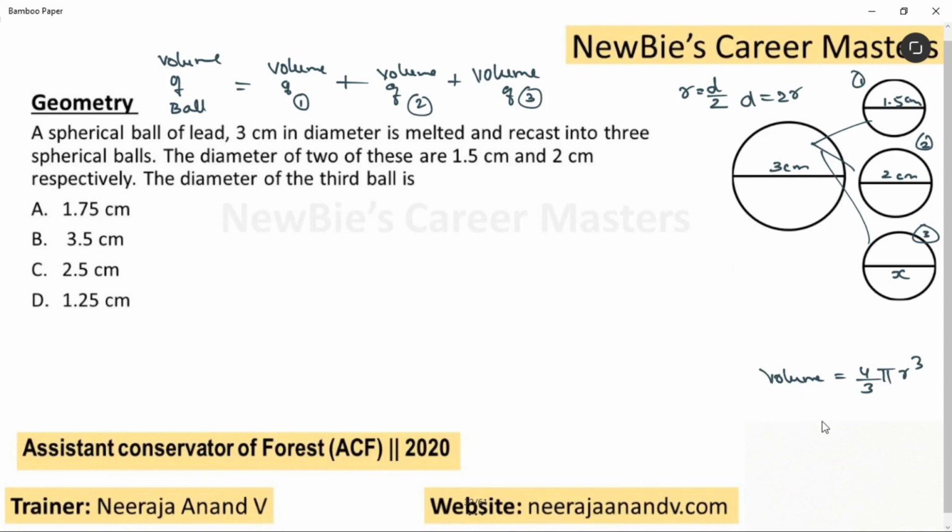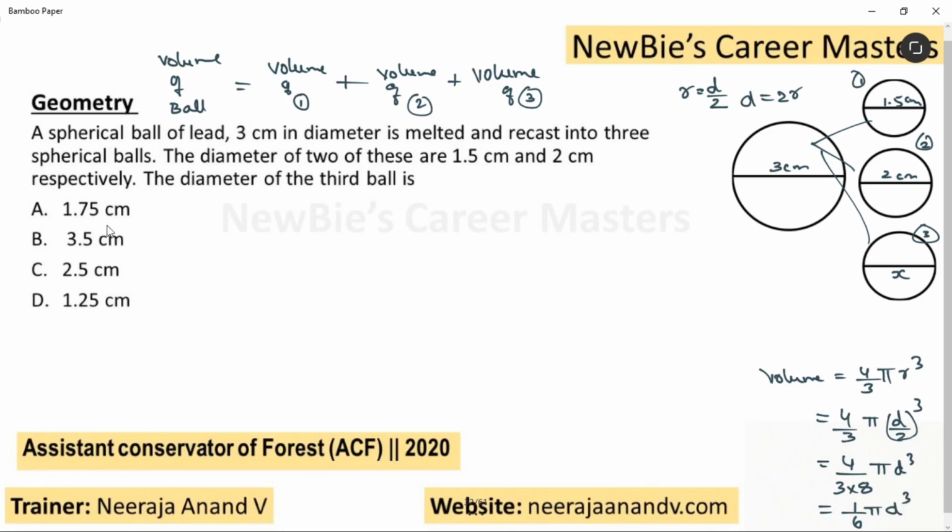So I can rewrite this as 4 by 3 pi d by 2 whole cube. Am I clear? Now, 4 by 3, what is 2 cube? 8 pi d cube. If you reduce this, we get 1 by 6 pi d cube.